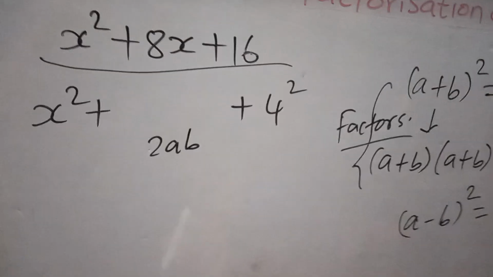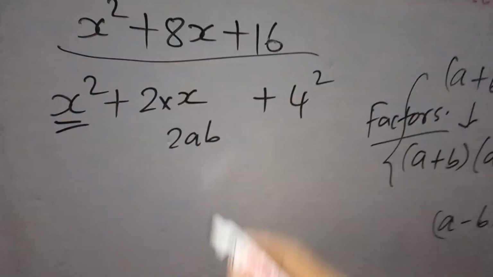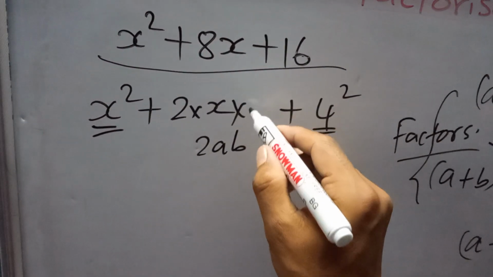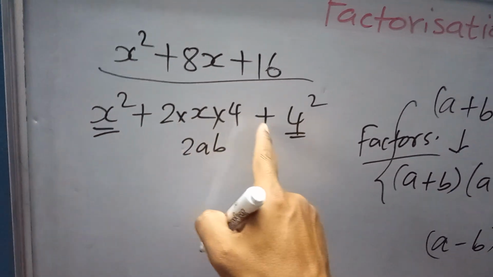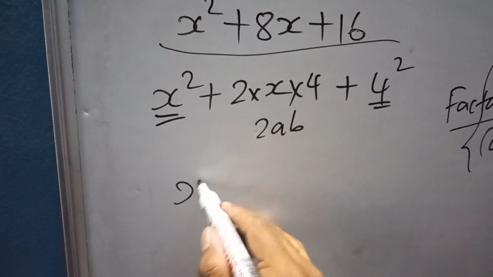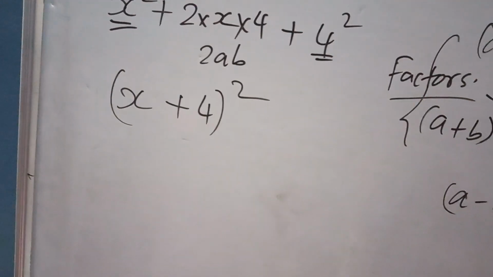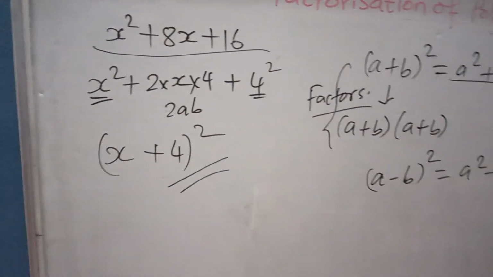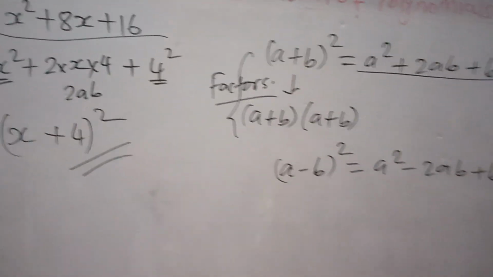According to the formula, we have 2ab, so 2 times a means this first term x, times b means the third term, that is 4. So now it is a square plus 2ab plus b square, right? This can be written as a plus b whole square. So a is x plus b is 4 whole square, x plus 4 whole square. Now it is done. And x plus 4 whole square means x plus 4 in the brackets times x plus 4. These are the factors.